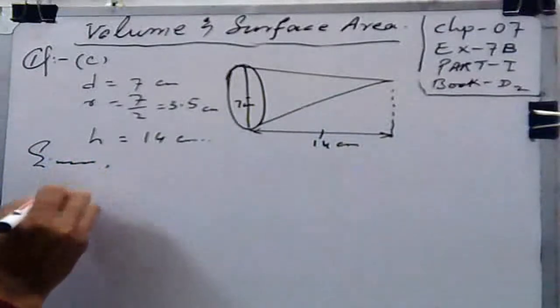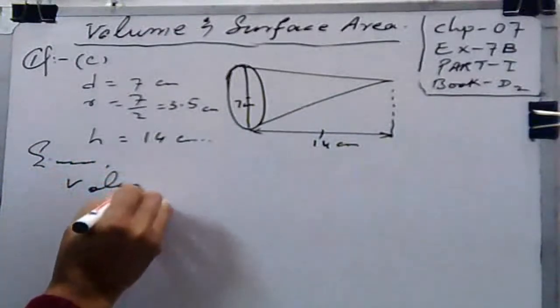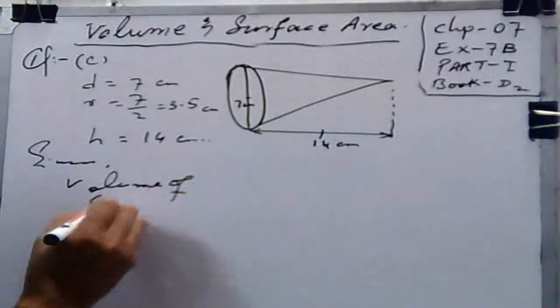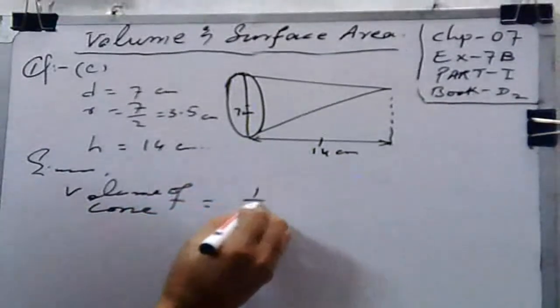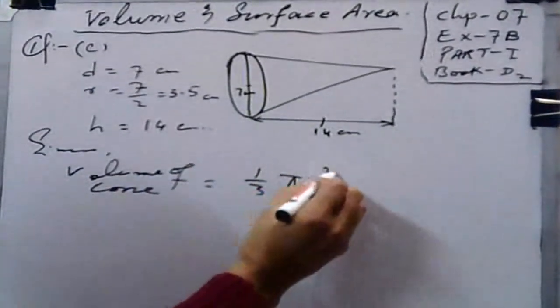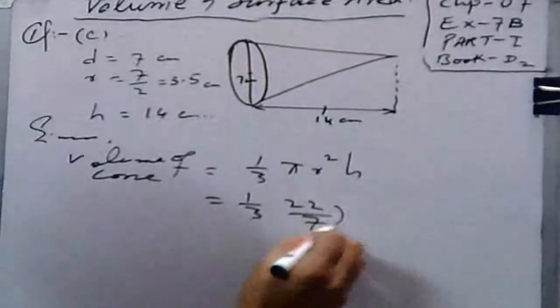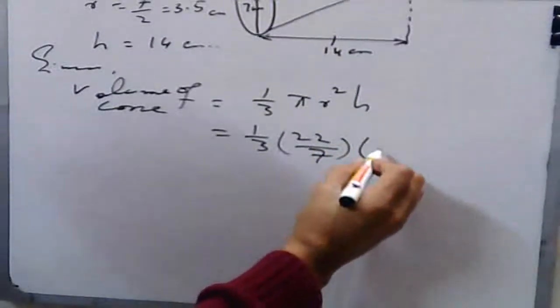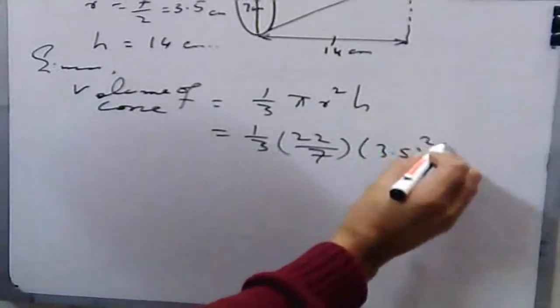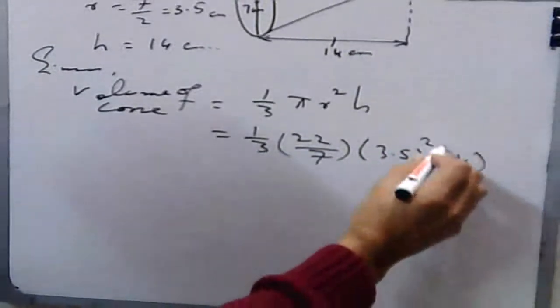Since volume of cone is equal to 1 by 3 pi r square h, putting the values, the value of r is 3.5 square and the value of h is 14.